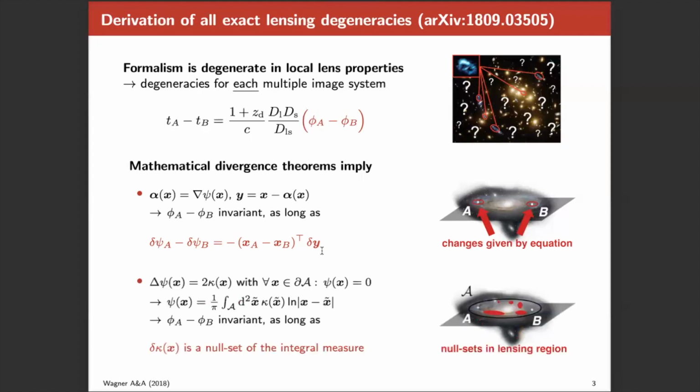The second degeneracy of this equation is that we use a Poisson equation, which relates the deflection potential to the deflecting mass density, or rather a scaled version of it.